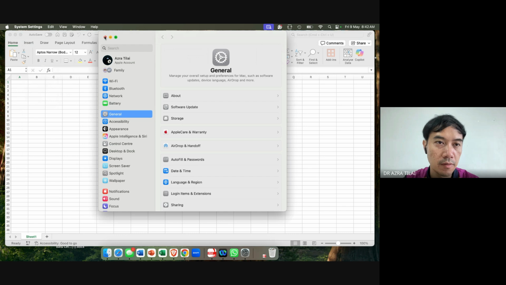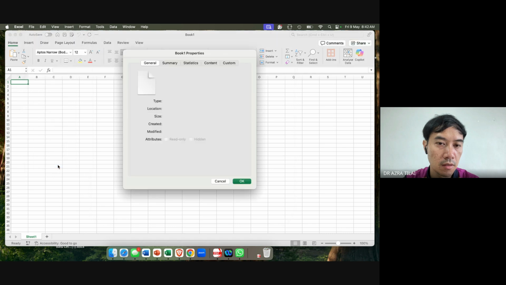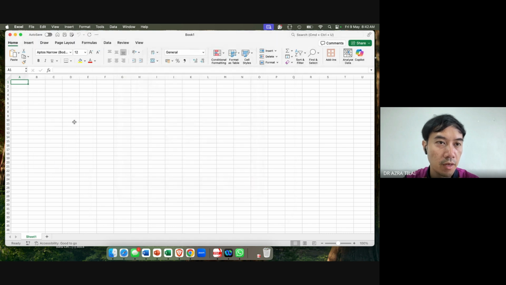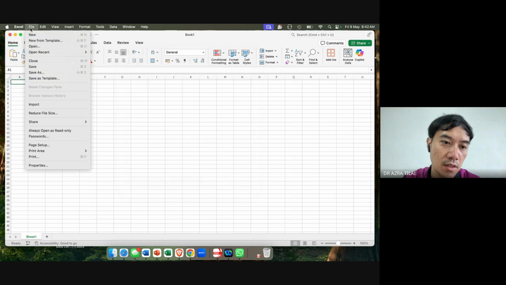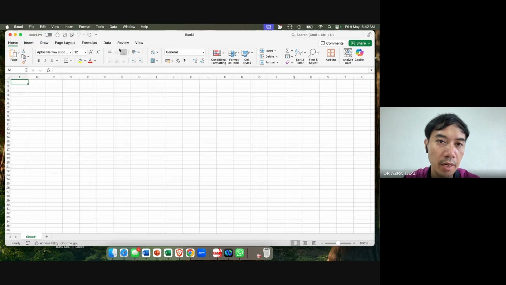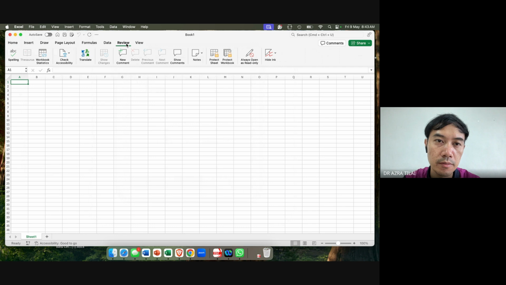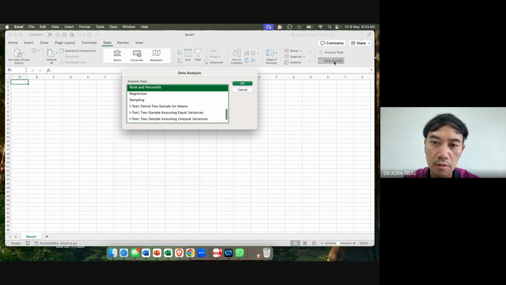No, not this one. File, properties? No, I forgot how I enabled it. For Windows, I forgot how it looked like. There's a section somewhere for you to enable that Analysis ToolPak so that you can use this.